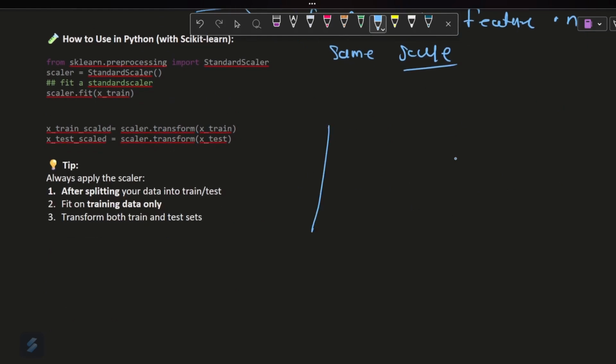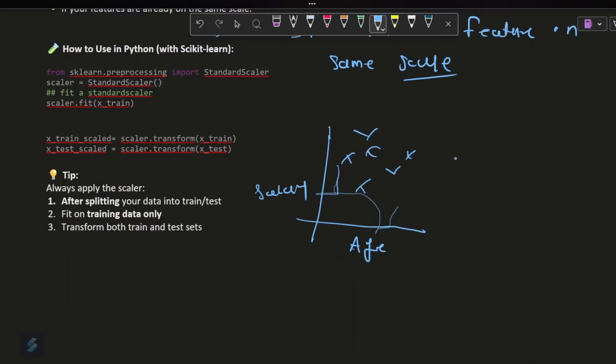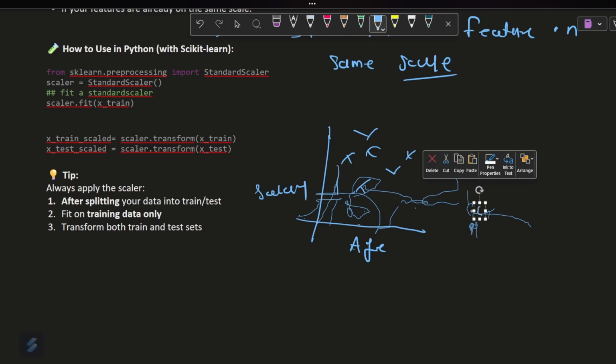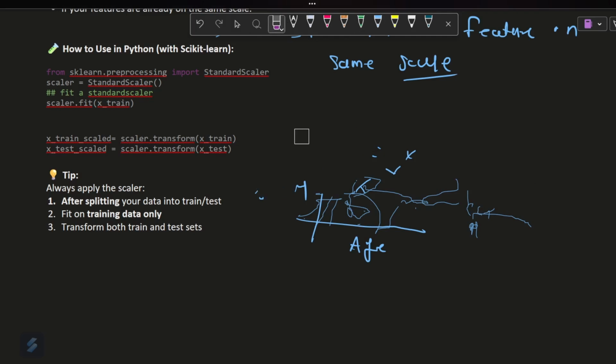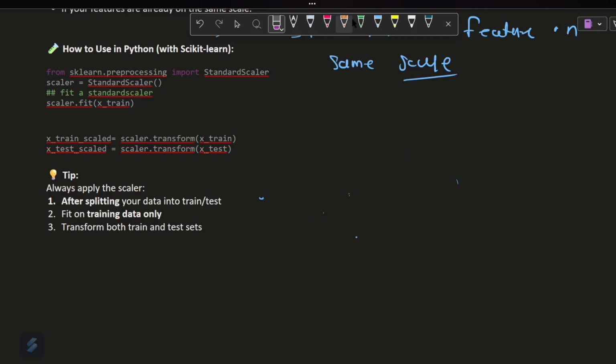Okay, understand one example: we have data points, something like that, and this is the age and this is the salary.